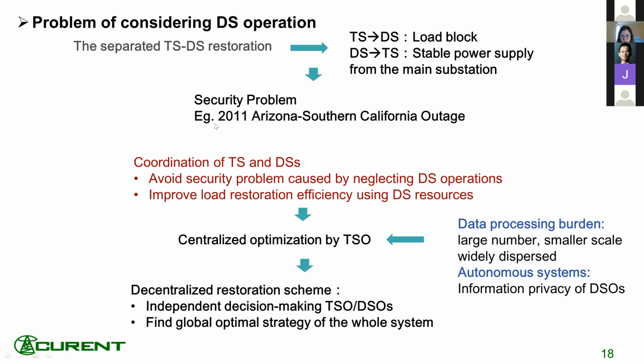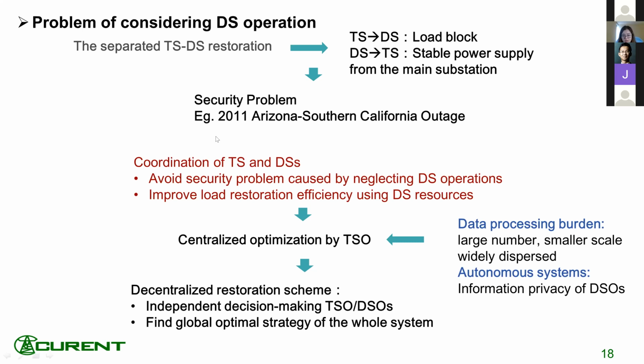This is because of the neglect of the lower voltage level grid operation, which brought some troubles in the restoration process and further delayed the process. So why do we want to do a coordination between the transmission system and distribution system?